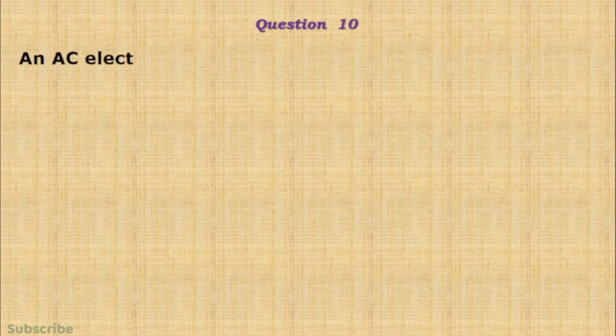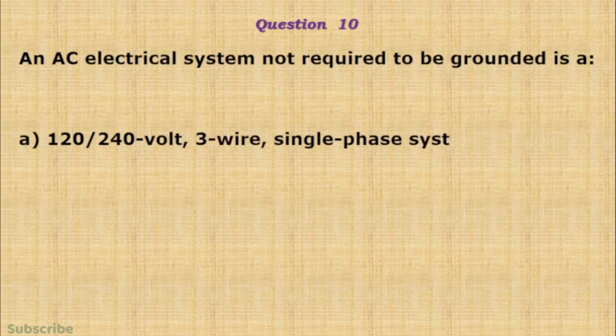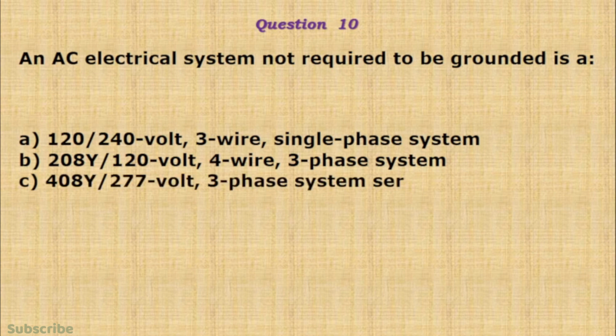Question number 10. An AC electrical system not required to be grounded is A. 120/240 volt, 3-wire, single-phase system. B. 208Y/120 volt, 4-wire, 3-phase system. C. 480Y/277 volt, 3-phase system serving lighting loads.